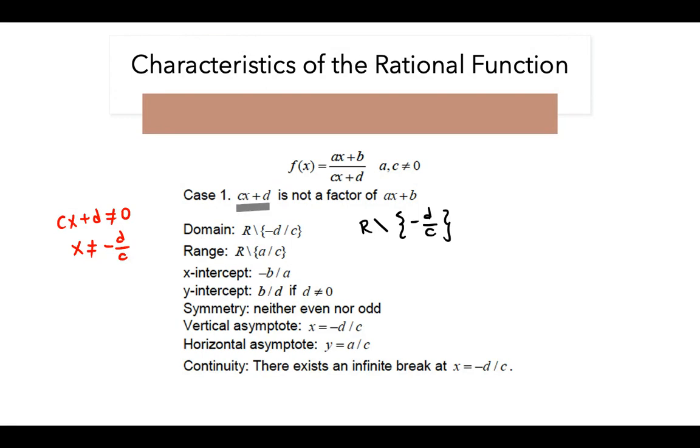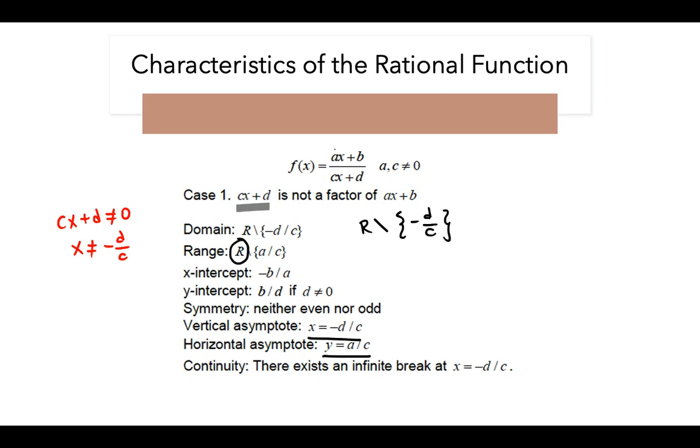It can be any real number, but assuming the same degree of 1, we have a horizontal asymptote at the ratio of coefficients, a over c. So it cannot be equal to a over c, because that is my horizontal asymptote. Again, we have a vertical asymptote as well.